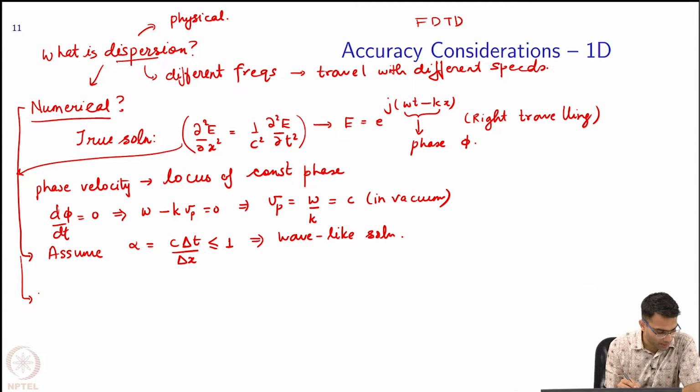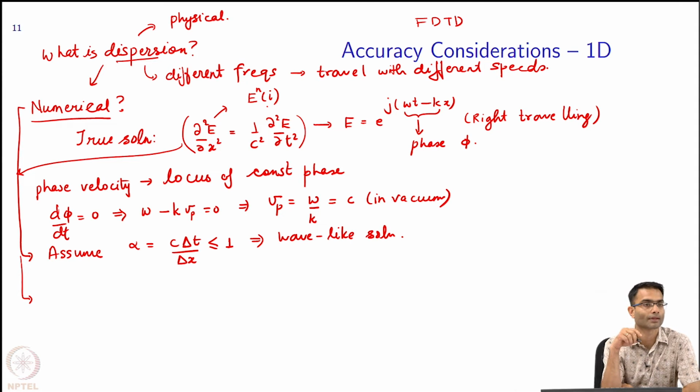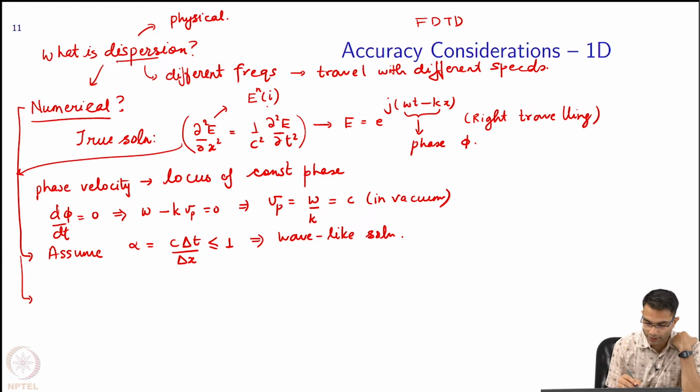So, let us do that. So, first is the spatial derivative. Remember our notation for electric field, it is going to be E_i^n. n is the time index, i is the space index. Okay. So, what will the left hand side of this equation be?